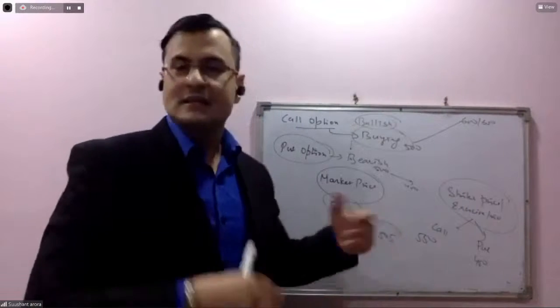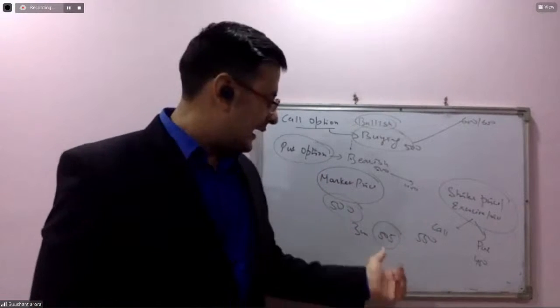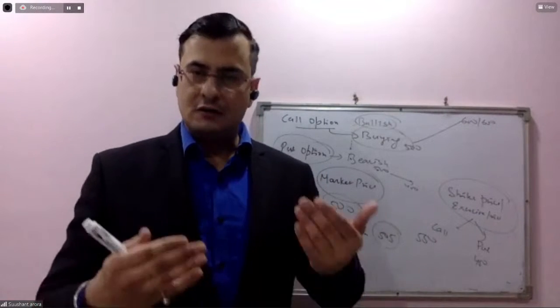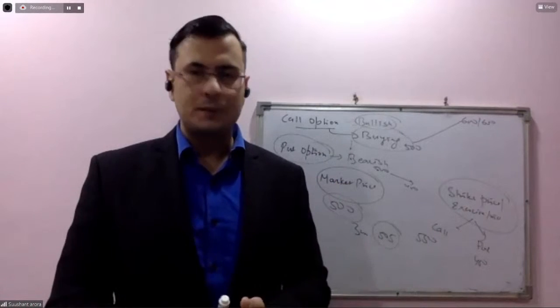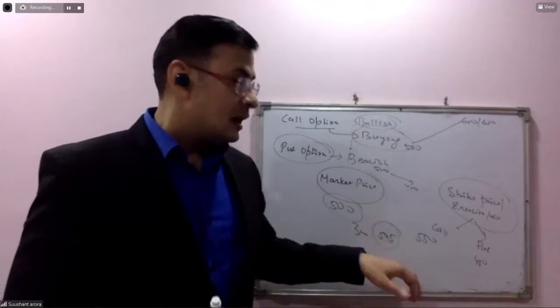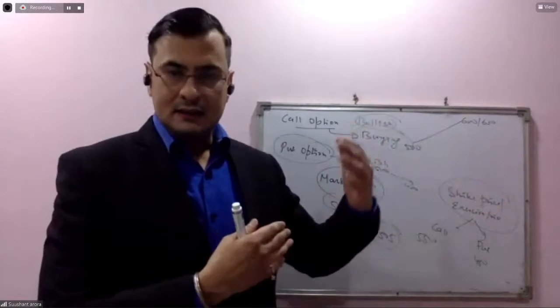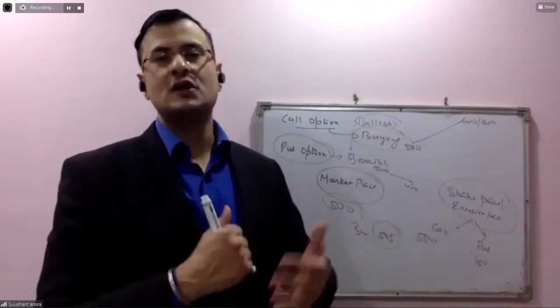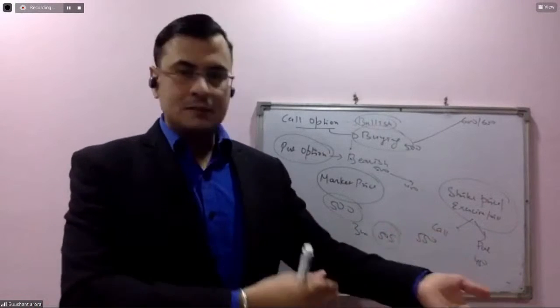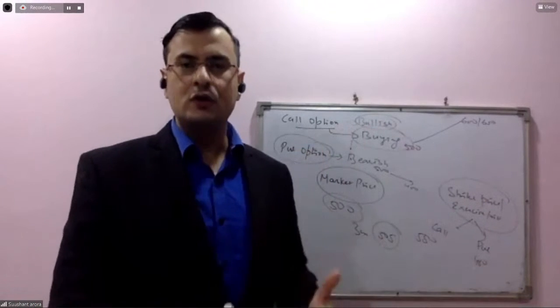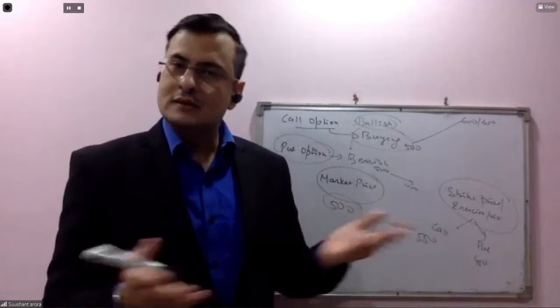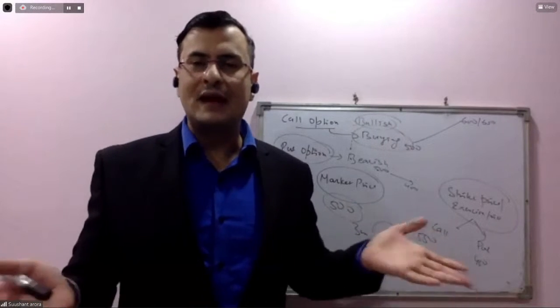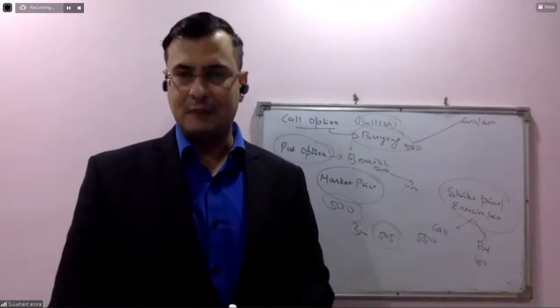And if the price did not move the way we wanted and it closed at 505, would we exercise our call option? No. Why? Because after 3 months, the stock you wanted to buy at 550 is available at 505. Bhai, jo cheez market mein 505 ki mil rahi hai, why would you buy something at 550? You will say, okay, the maximum loss I will have is the amount of premium that I have paid, nothing else.